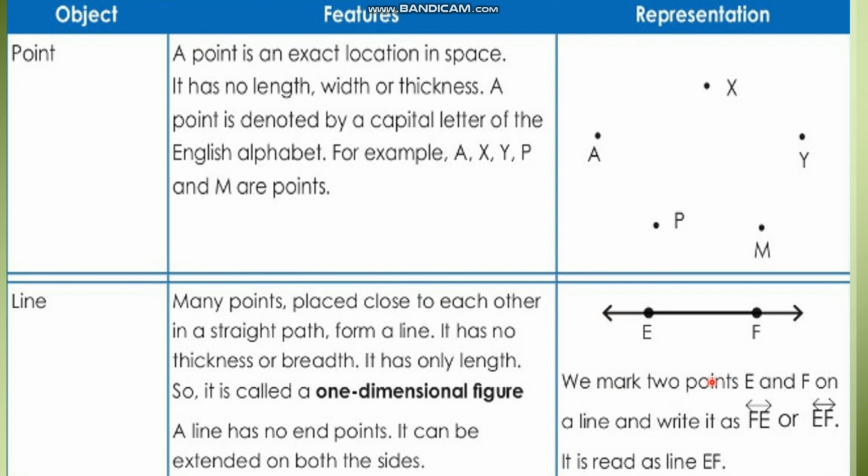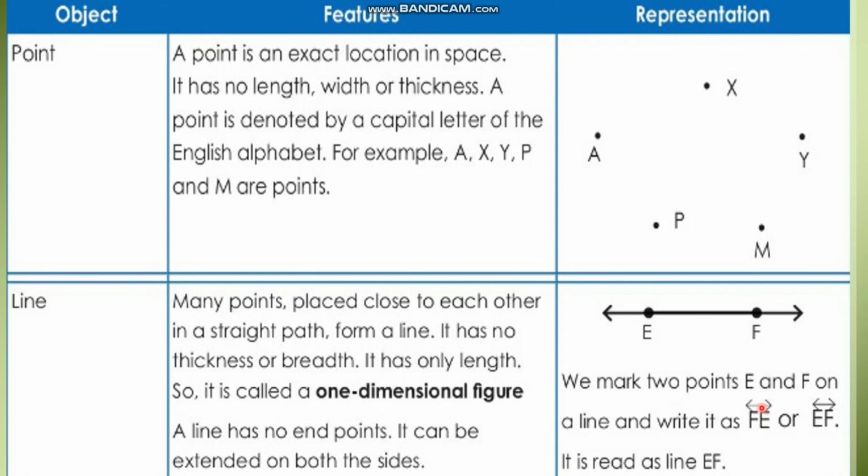Got it, children? And look here, we mark two points E and F on a line. Do you know how to write the name of the line? Yes, that is line FE or EF.